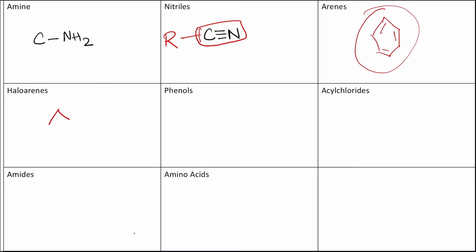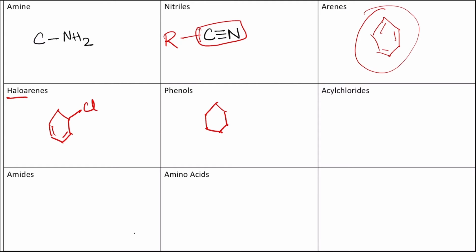Haloarenes are basically something like this. And then you have a substitution. Same way, just like you had haloalkanes, here you have chlorine, but that is substituted on an arene ring, exactly, on a benzene ring. And then you have your phenol.